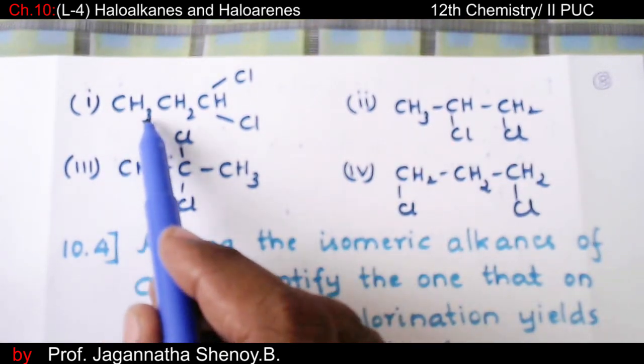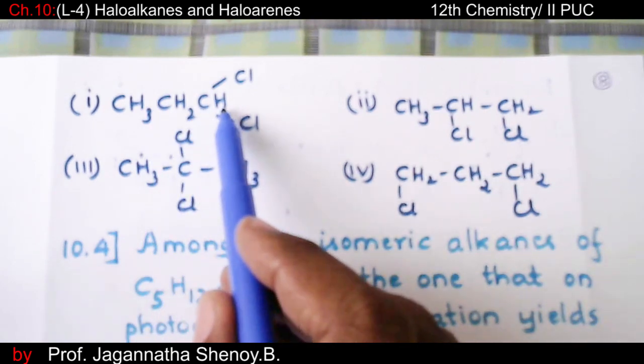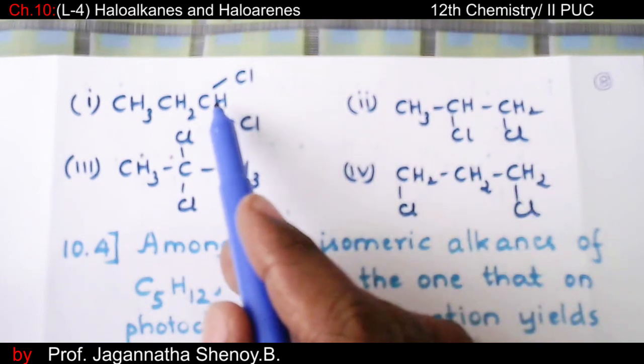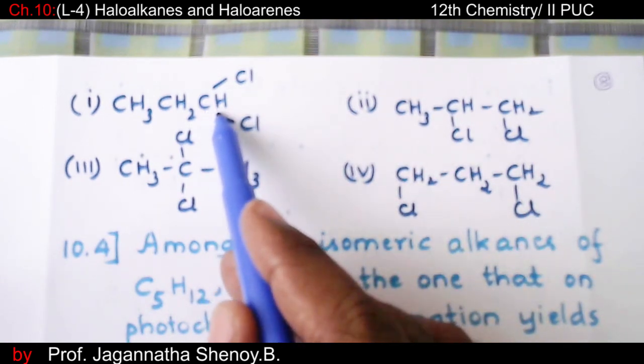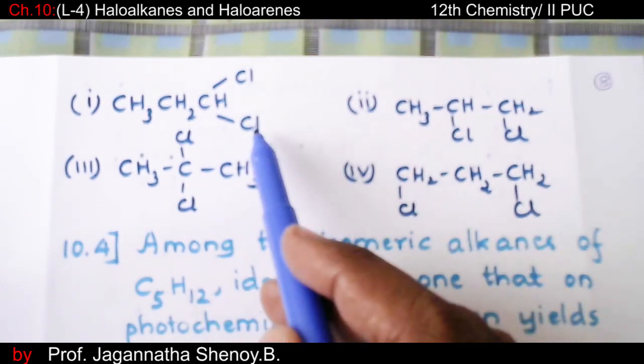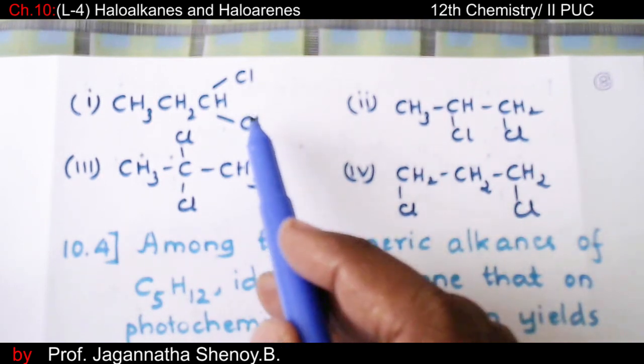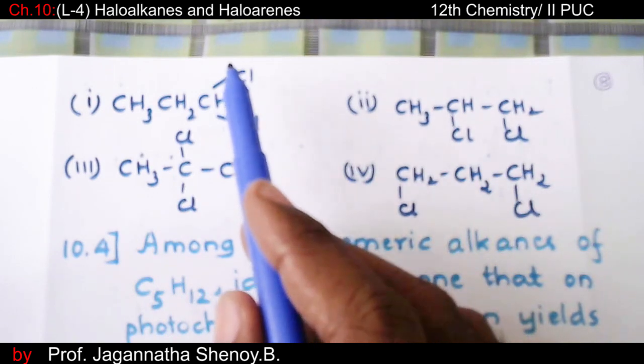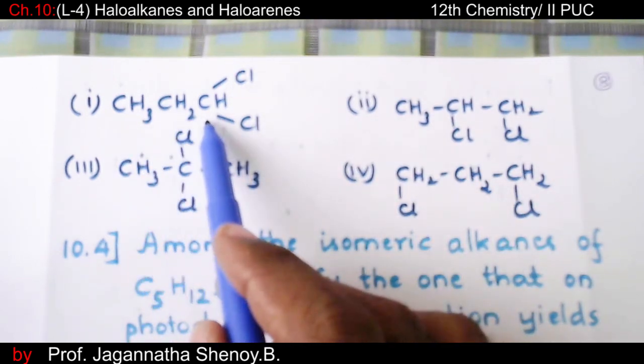It is CH3, CH2, CH3 is propane. In the first case, I have replaced two hydrogen atoms of the terminal carbon atom by two chloro groups. So I get geminal dihalide here. It's a 1,1-dichloropropane.